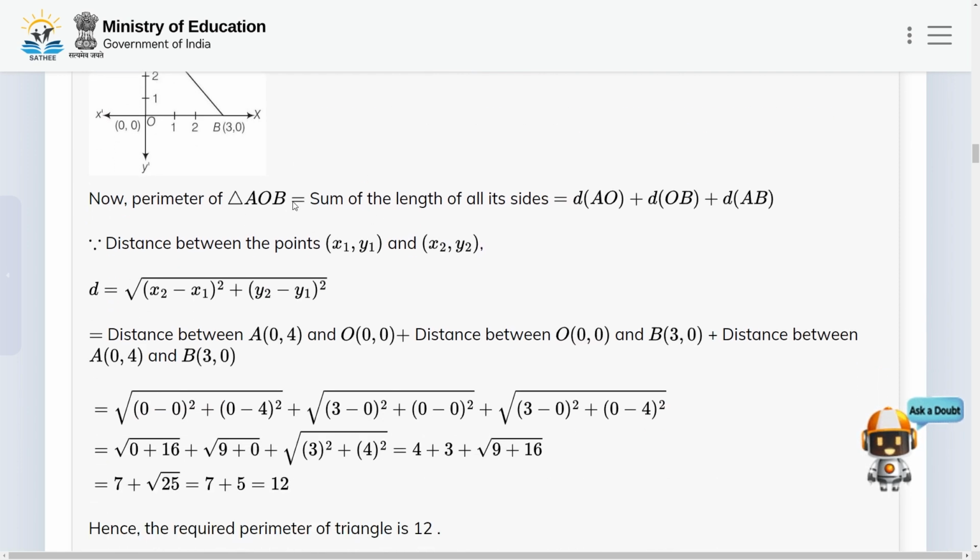So now the perimeter of triangle AOB is actually the sum of the lengths of all sides. Okay, that is actually equal to the length of AO plus the length of OB plus the length of AB. So since the distance between the points (x1, y1) and (x2, y2), that is d, is equal to square root of (x2 minus x1) whole square plus (y2 minus y1) whole square, this is equal to the distance between A (0, 4) and O (0, 0), plus the distance between O (0, 0) and B (3, 0), plus the distance between A (0, 4) and B (3, 0).